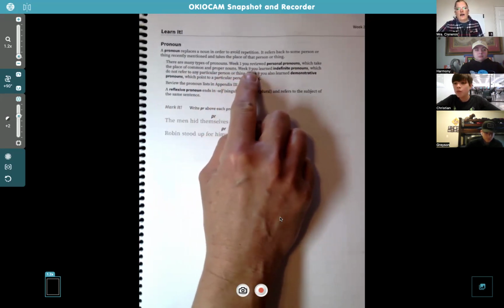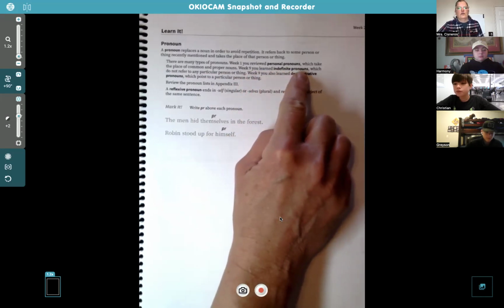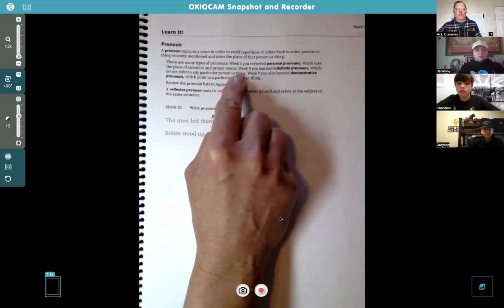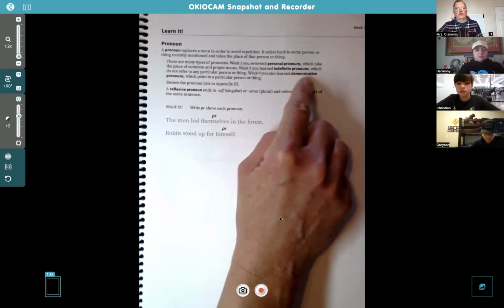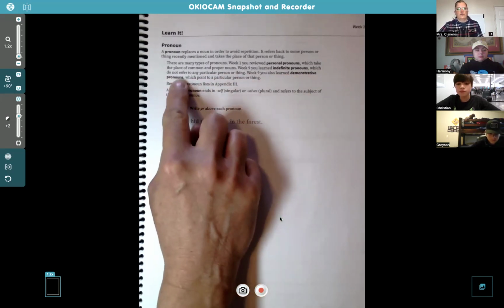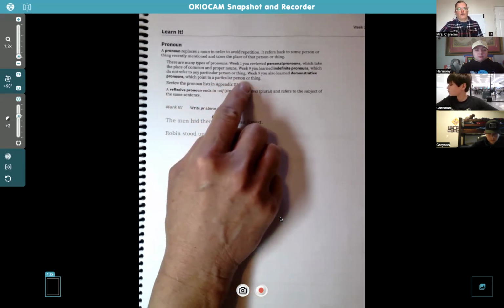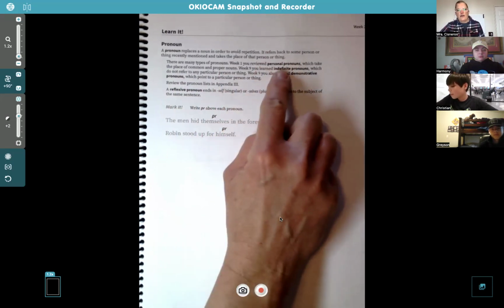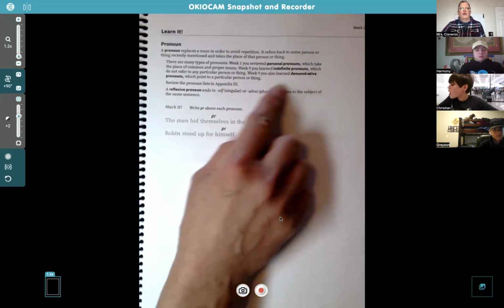And then in week 9, way back in week 9, you learned about indefinite pronouns, which do not refer to any particular person or thing. And then in week 9, you also learned demonstrative pronouns, which point to a particular person or thing. So you already know personal, indefinite, and demonstrative. We're going to review those in a second.